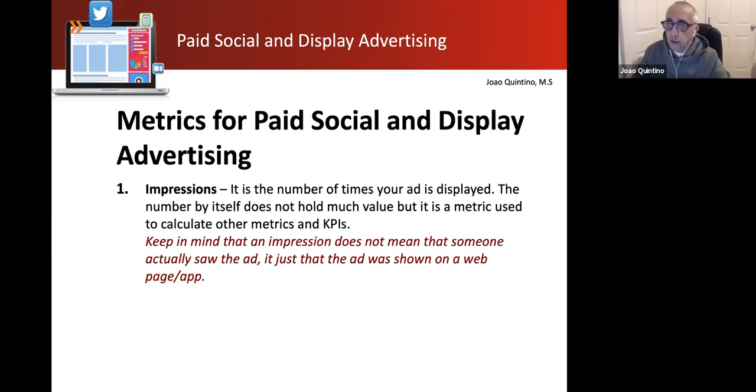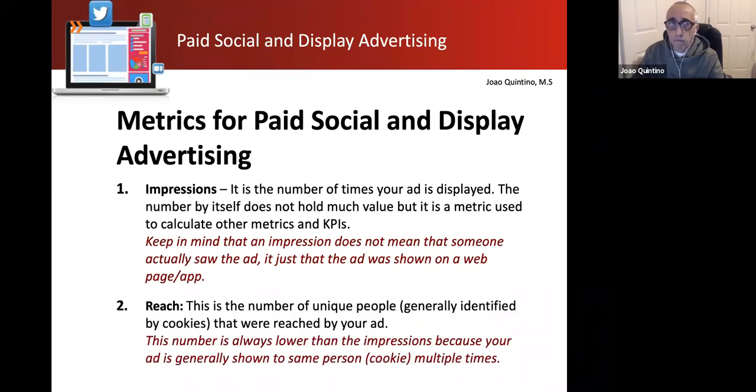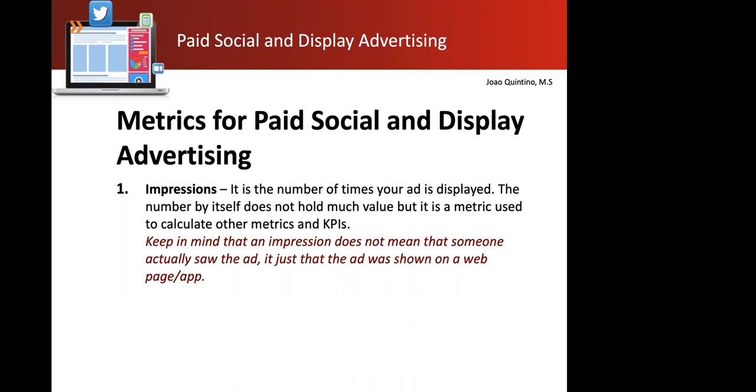Could be on Facebook, could be on a website where you have banners. Every time your ad pops up, it's called an impression. And they usually charge you per 1,000 impressions.